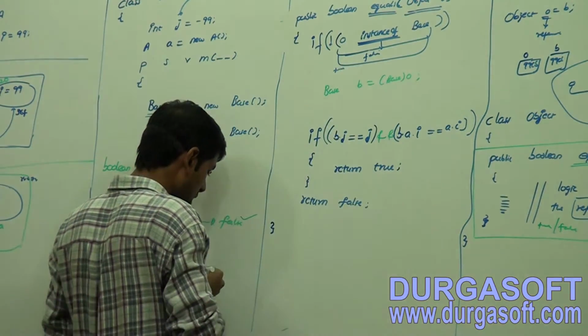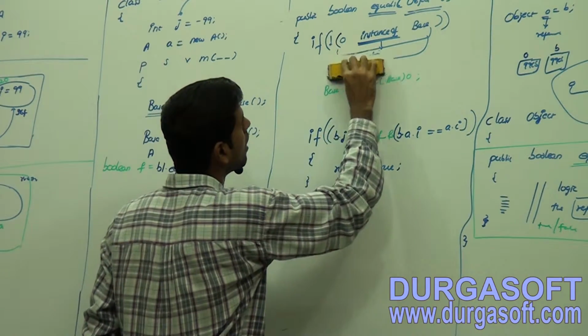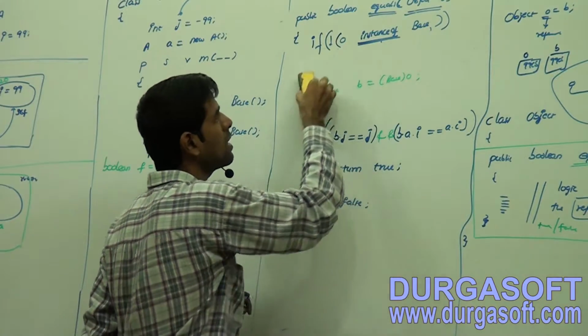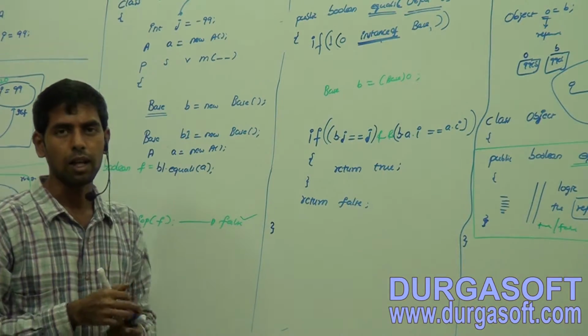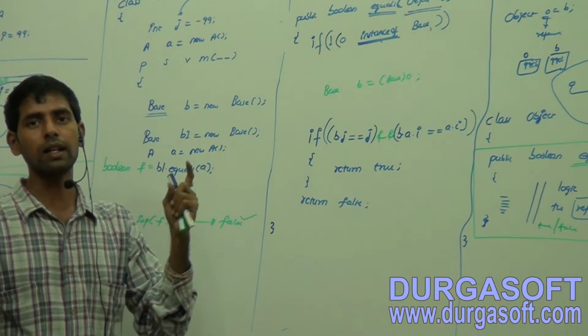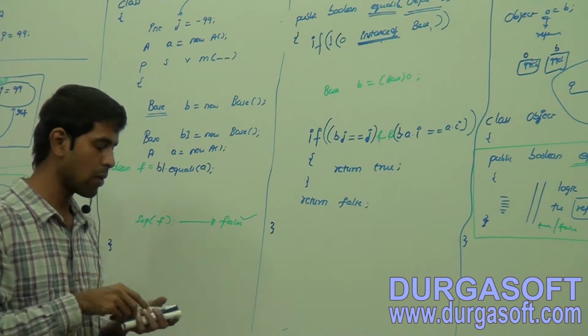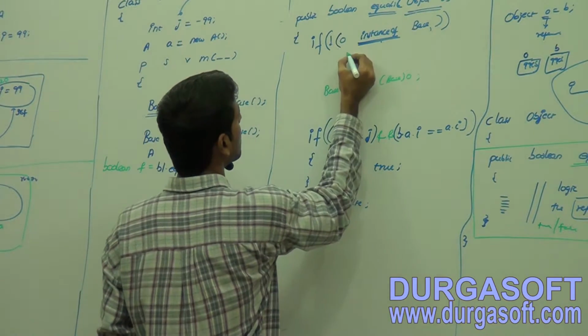If that is the condition, what do you have to return here? You have to return false. No need to check everything within the content, useless. If both objects are different types, don't compare anything, directly return false, no issues.